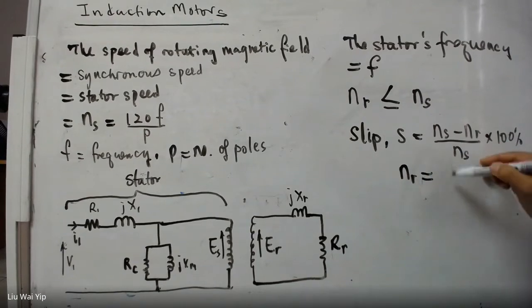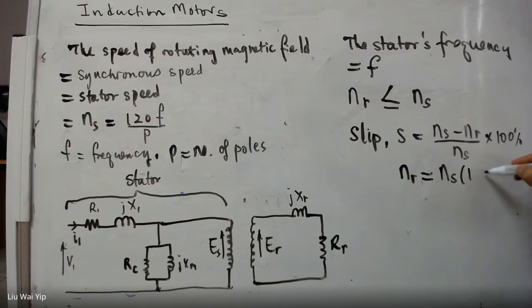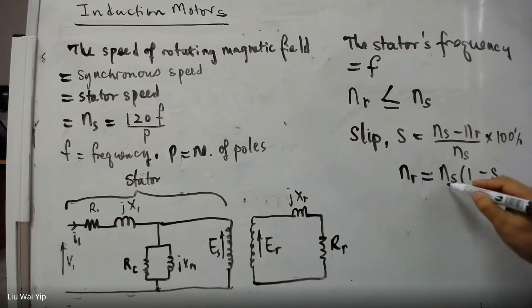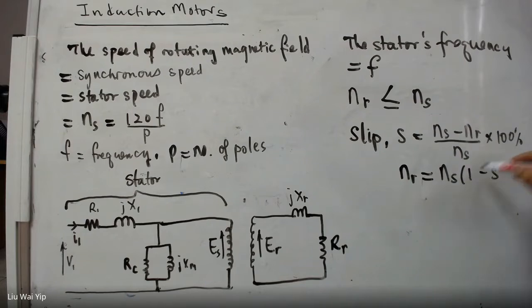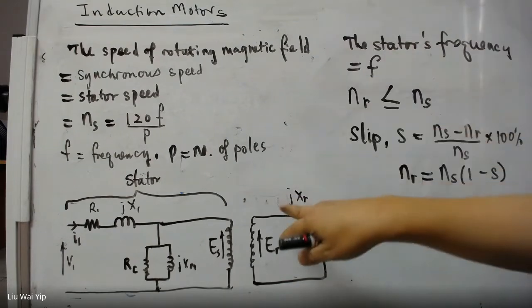According to this slip equation, it is going to be ns, which is the synchronous speed, multiplied by bracket 1 minus s. And with this in mind, we also have another relation.